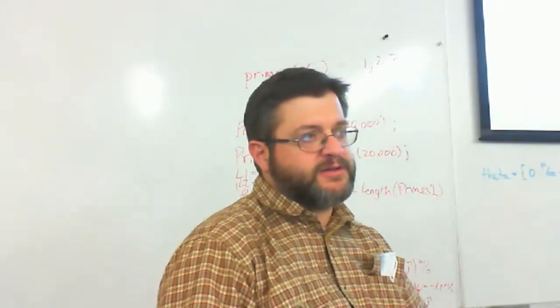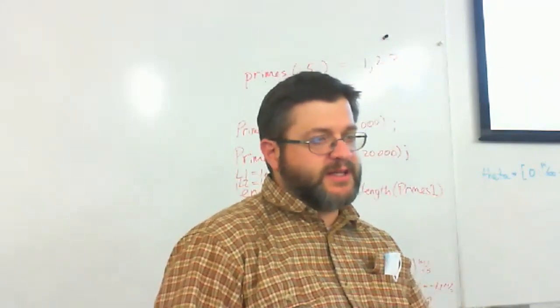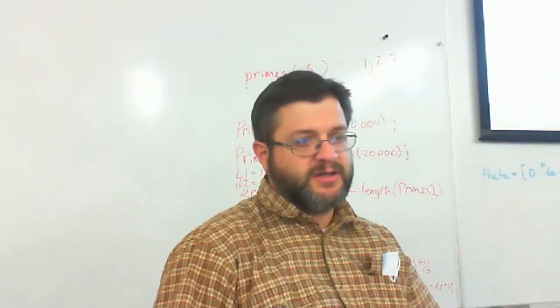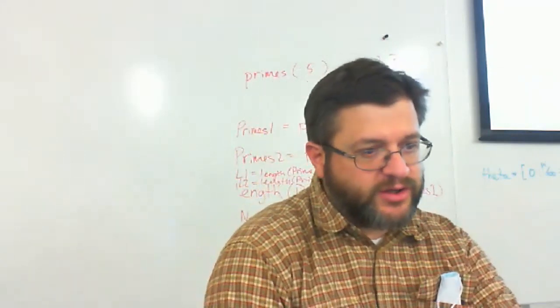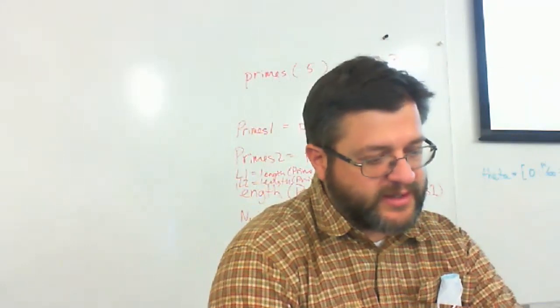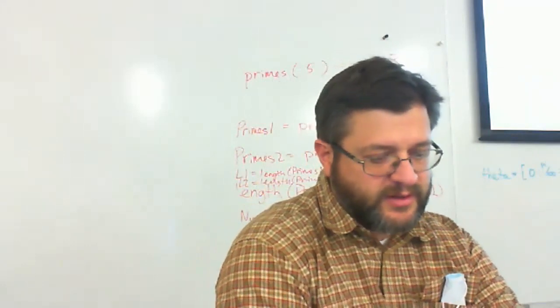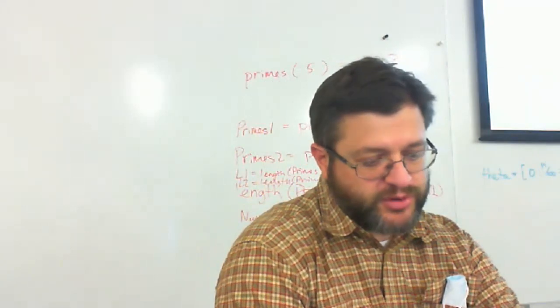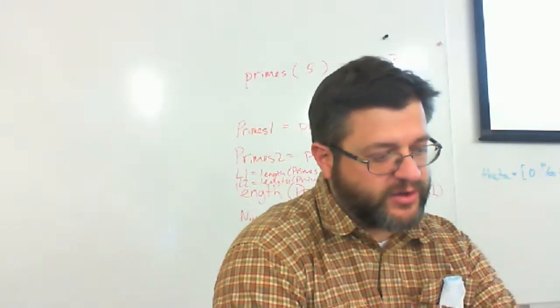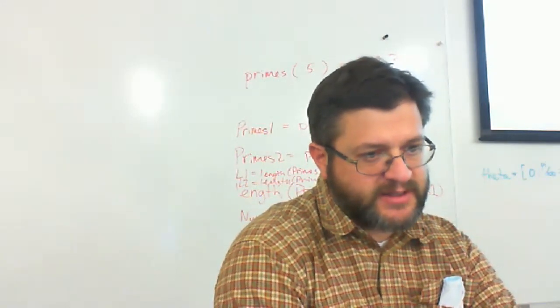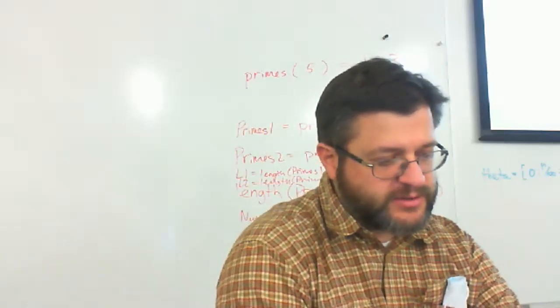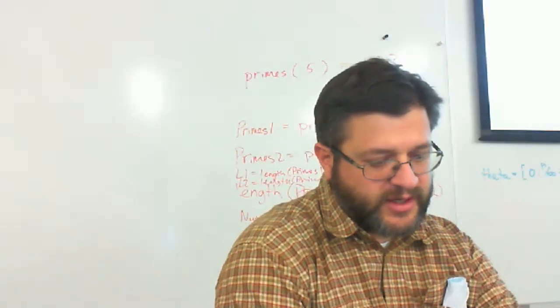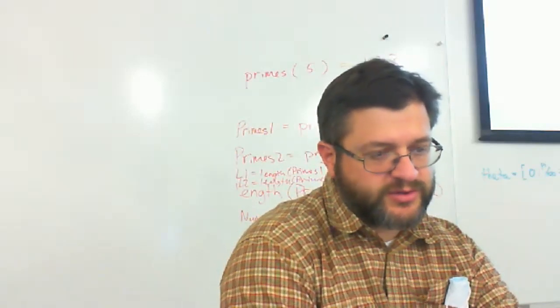Some people like to do that just because it makes more sense to them to build a column matrix using a column. You could also do it like this: A equals square bracket, put the 1 here, return, space over, the 2 here, return, space over, the 3 here, and close it with a square bracket.